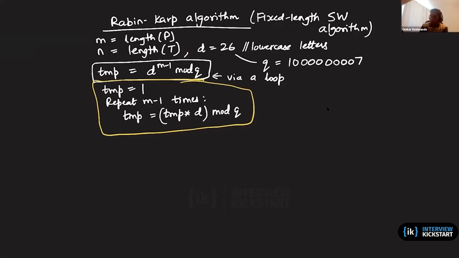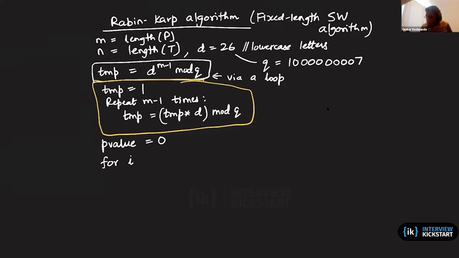So that's pre-computing that. Now we also need to pre-compute the value of the pattern and the value of the leftmost substring in the text. So let's call the value of the pattern p value. It's initially 0, and then we go through each character of the pattern, from left to right.